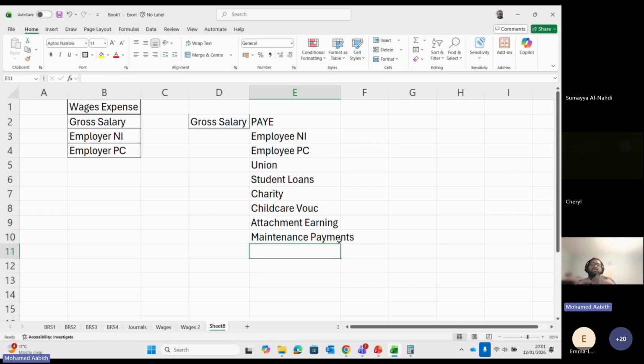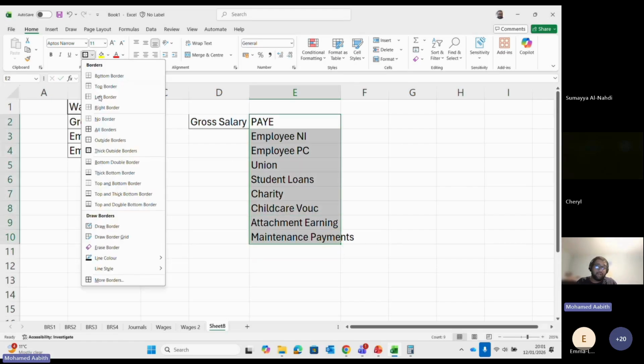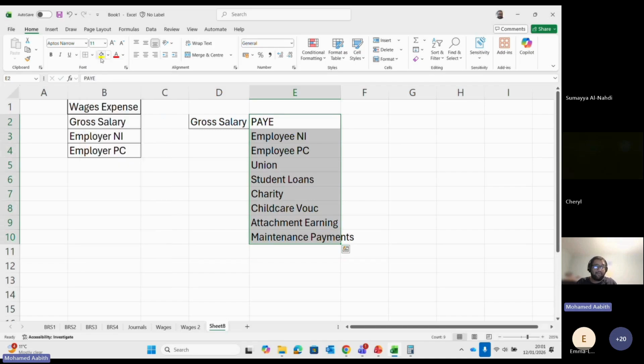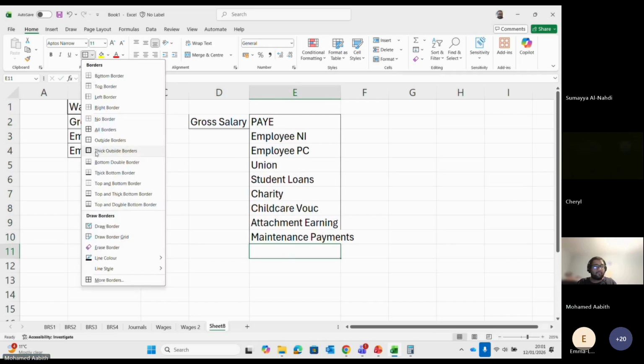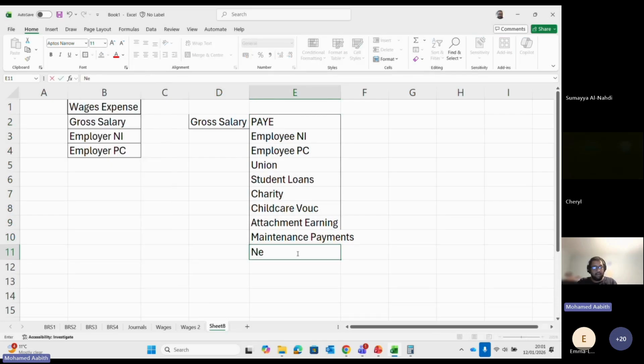Once you get all of those deducted, eventually, once you had all of that money paid out from your bank account, you will get the net pay. This is the one that comes out of your bank account.